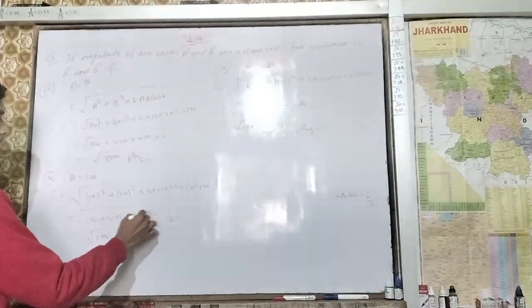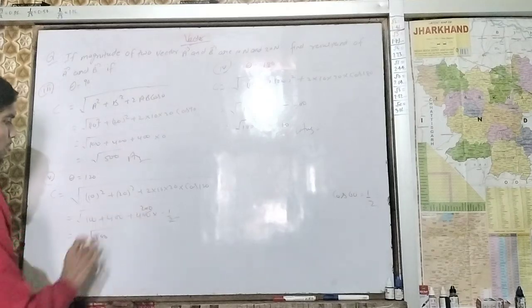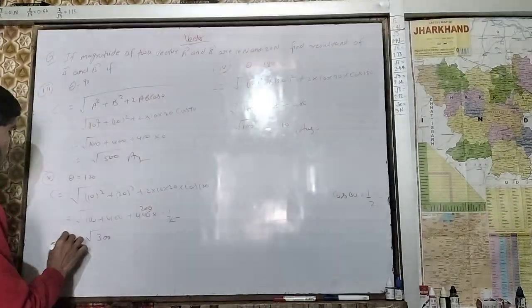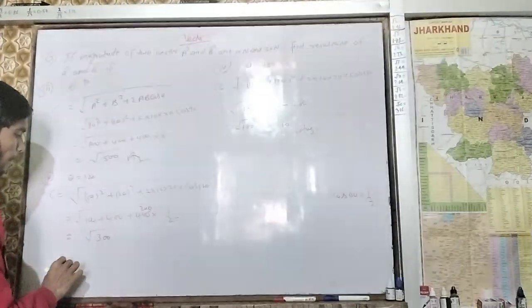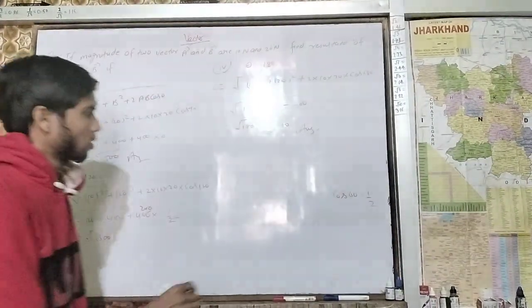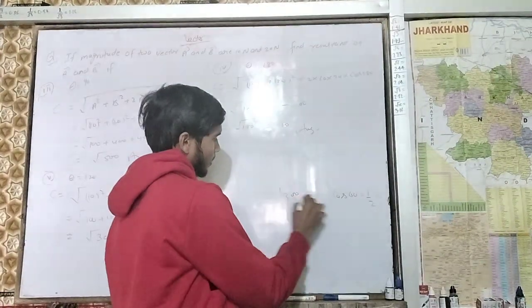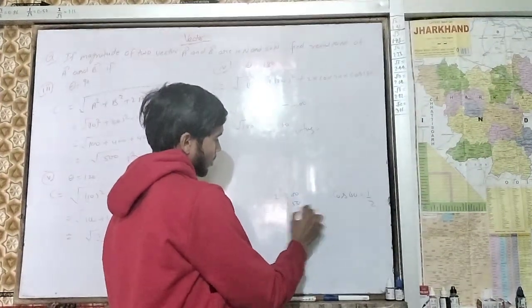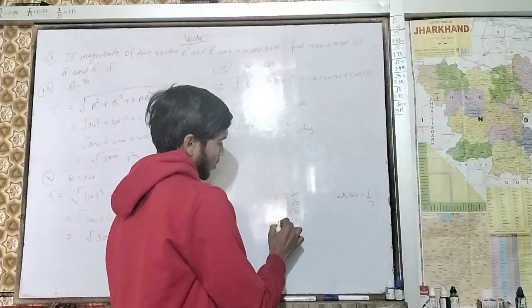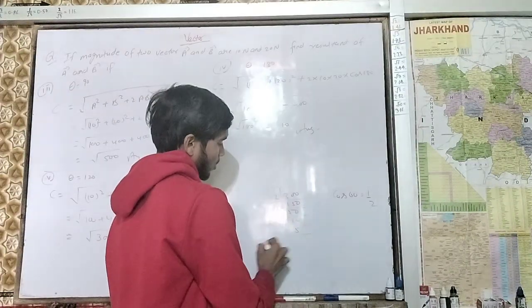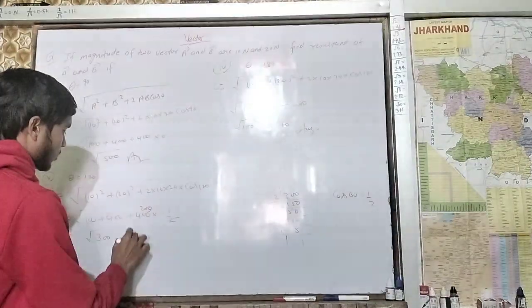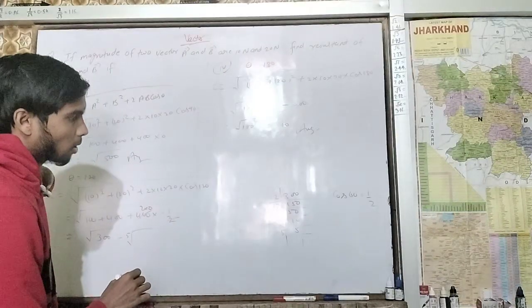But hold on, it is minus 200. So now 500 minus 200 is 300. This is not a perfect square of any number. So 300 is 100 times 3, and 10 root 3 will come out.